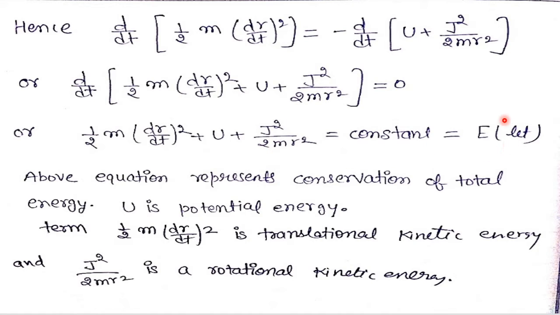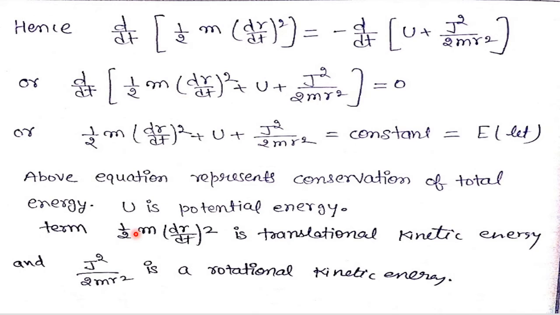Let this constant be E. This equation represents the conservation of total energy, where half m (dr/dt) whole square is the translational kinetic energy, J square upon 2m r square is the rotational kinetic energy, and u is the potential energy.